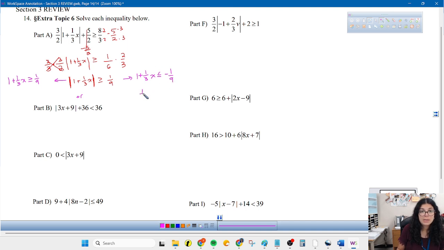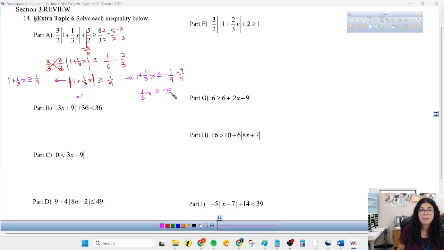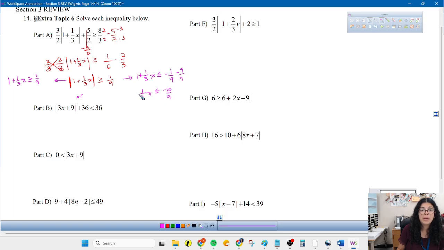Subtract 1 on both sides. 1/3 x is less than or equal to negative 10 over 9. And then multiply by 3. X is less than or equal to negative 10 over 3. Over here, subtract 1 on both sides.